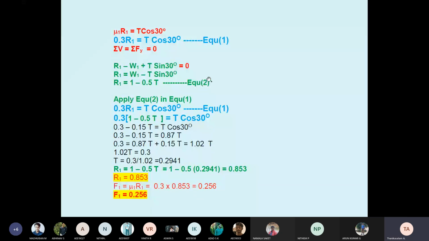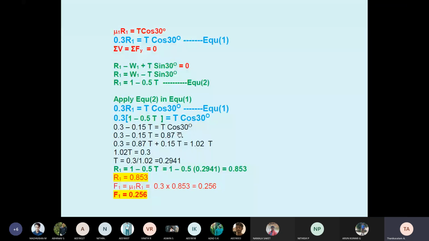We already have equation 1, 0.3 R1 equals T cos 30, so I am replacing R1: 0.3 into (1 minus 0.5 T) equals T cos 30. Multiply 0.3 into 1, that is 0.3, and 0.3 into 0.5 T, that is 0.15 T. Then T cos 30. What is the cos 30 value?